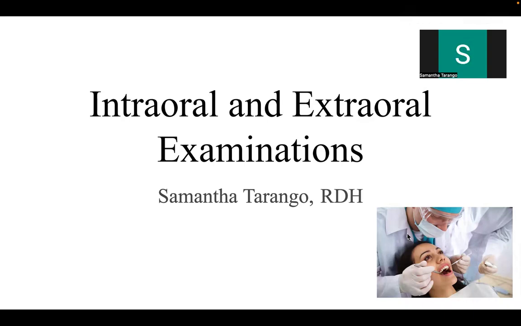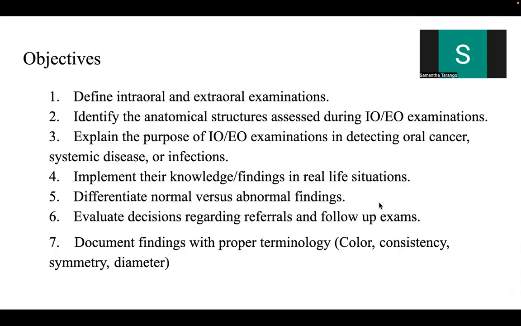So today we're going to learn about the intraoral and extraoral examinations. Okay, so here are the objectives. We're going to define intraoral and extraoral examinations, identify the anatomical structures assessed during the IOEO examinations, explain the purpose of this examination in detecting oral cancers, systemic disease, or infections.